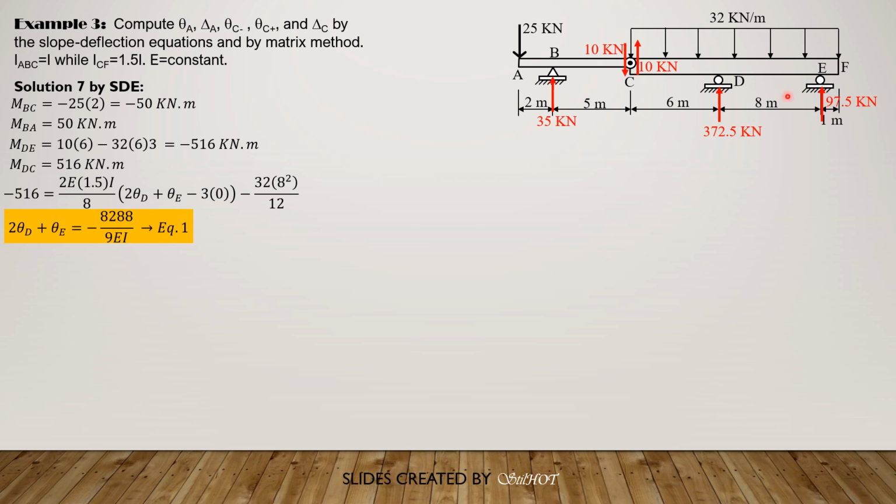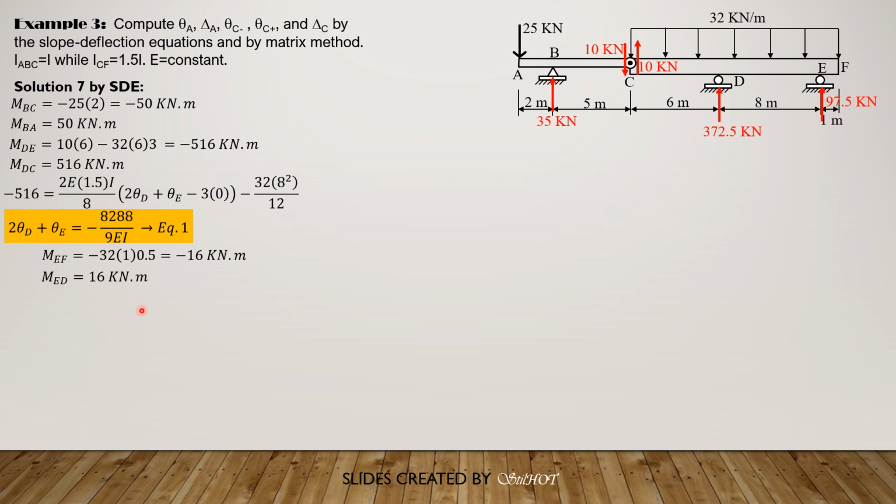Then let's set up moment ED. Moment EF is negative 16, negative 32 times 1 times 0.5. So moment FE or ED is positive 16 kilonewton meter.